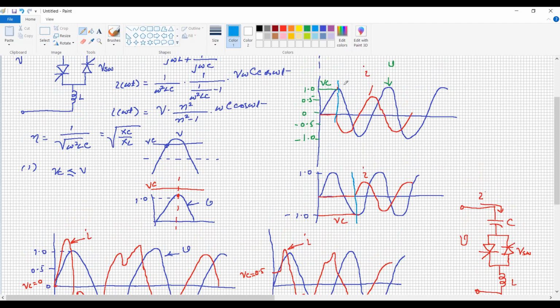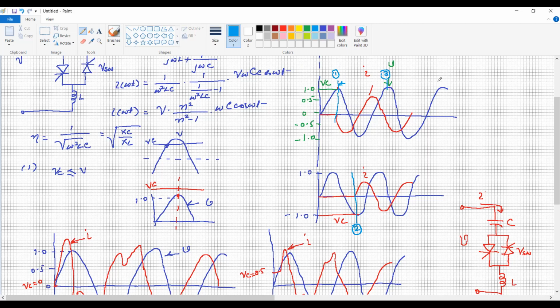Or you can start from the next maximum value. Means you can start from here, number 1. Second, either it may be on the negative side, or it may be the next positive maximum value. So in this case, there is no in-between switching of the capacitor from, say, this value to this value and so on.